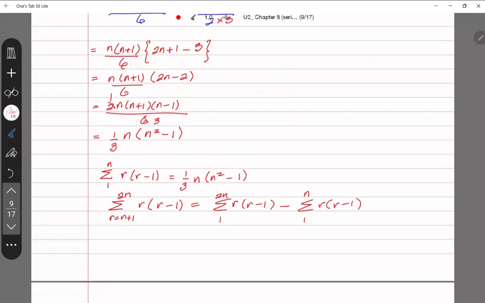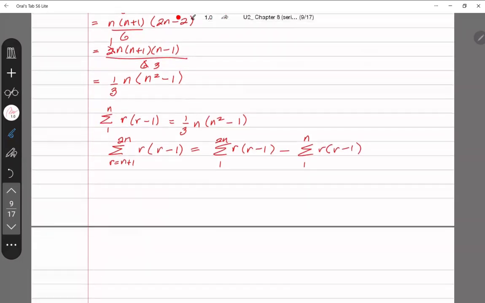Do you agree? Now, so using the formula to the left, wherever I see n, I'm going to put 2n. So it's 2/3 n, and then what? 2n squared minus 1.